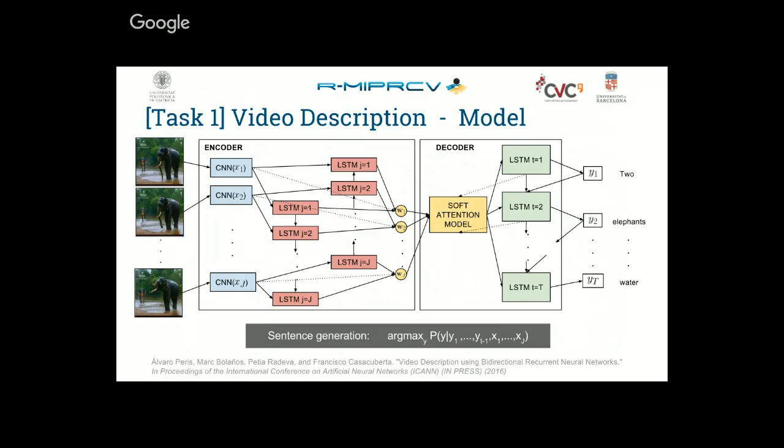And at the very end, we've got the last LSTM, which is in charge of generating the sentence. So you can see that the basic formulation of this problem is similar to machine translation, in which for generating the next word Y, we take into account all the previously generated words and also the whole video.